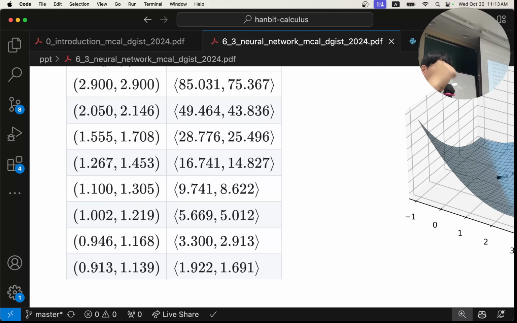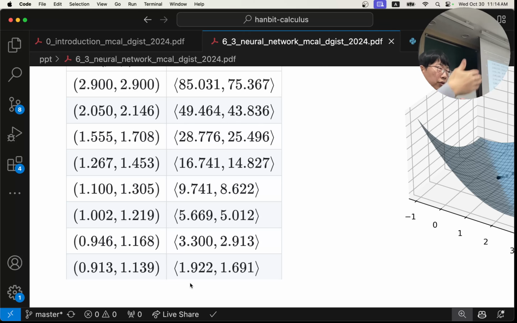So the closer you are to the minimum point, the smaller the size of your gradient vector becomes, and you don't move that much as you get closer and closer to the minimum. So in principle, it's impossible to get to the actual minimum by this method. But once you perform this step sufficiently many times, there is no effect of making your point move because your gradient vector becomes infinitesimally small.